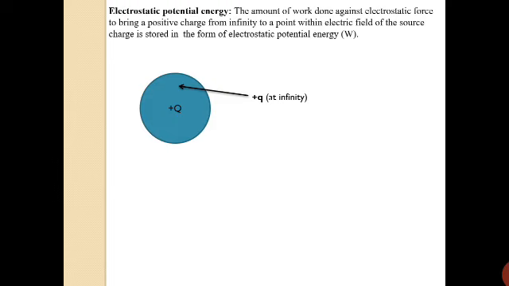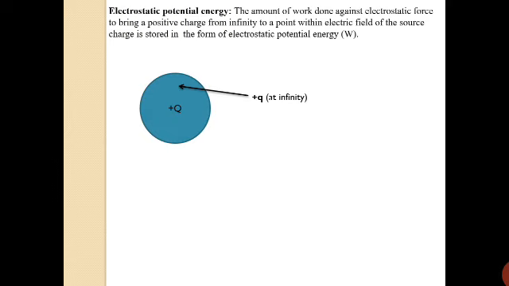Why? Because there is no electrostatic force acting on it. So when we are moving the small charge outside the field, the work done is 0, and that is taken at infinite distance. So infinity is nothing but the space outside the electric field.